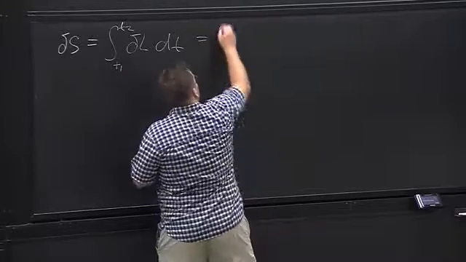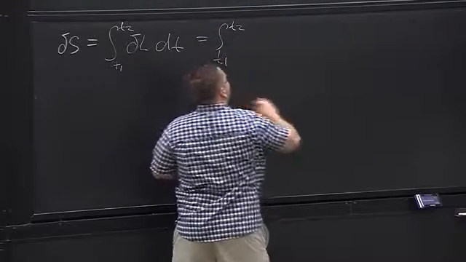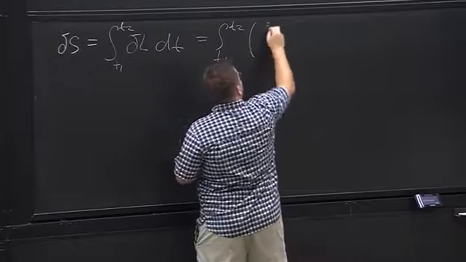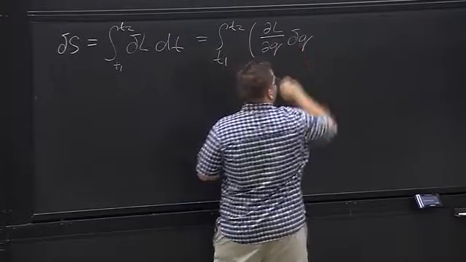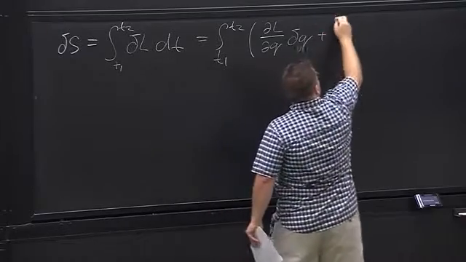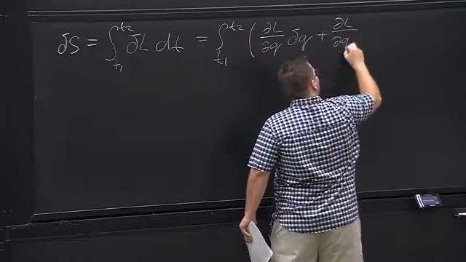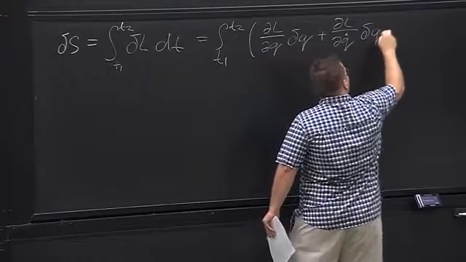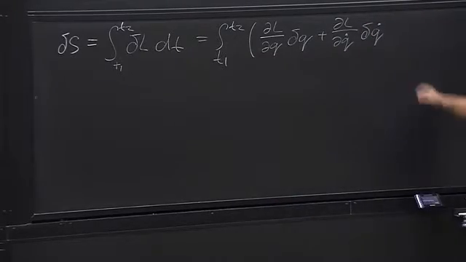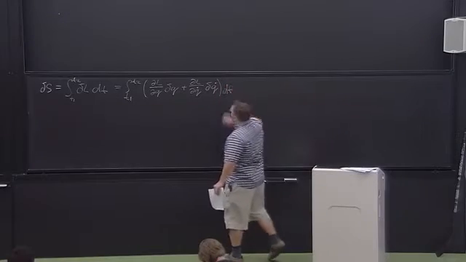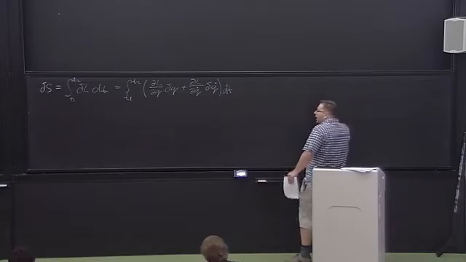And you can calculate that simply by calculating the partial derivatives. So L depends on Q, and then I have delta Q. L depends on Q dot, and then you have delta Q dot. I'm not doing anything to time, so that's it. This is how I vary the action here.